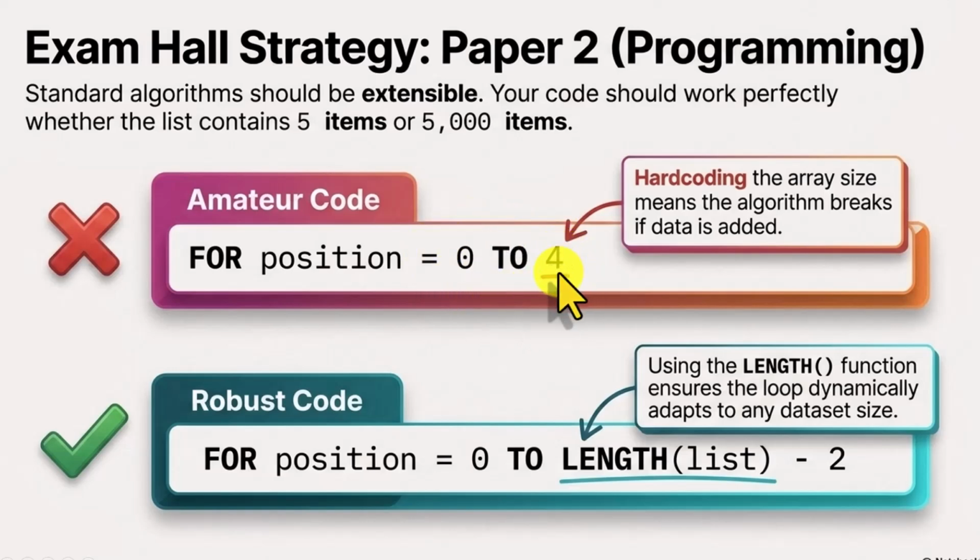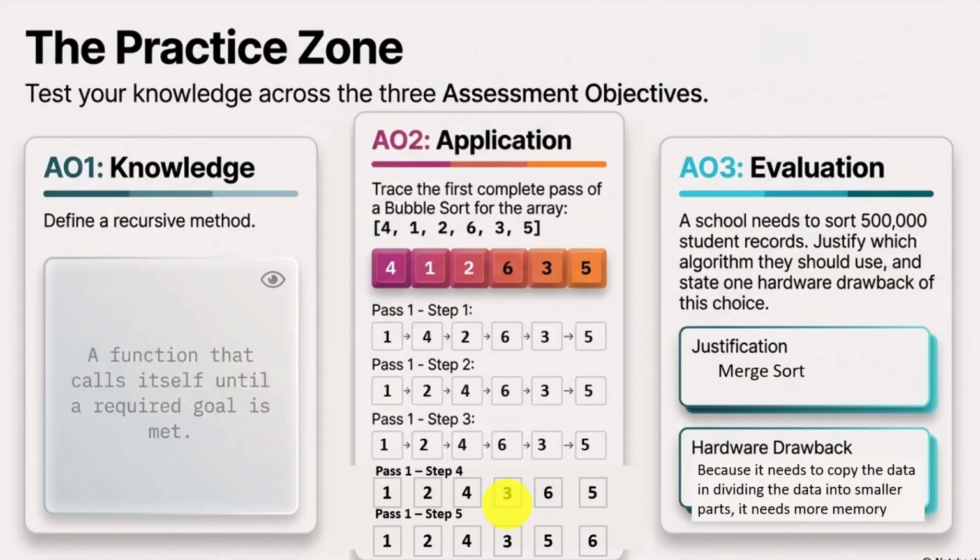This works for 4 elements, but if the data increases to 40, this will just not work. But using the length function ensures the loop dynamically adapts to any list size. So length of list: if the list increases, length of list will return the new length. So it doesn't matter if our data changes or not, this will always work.